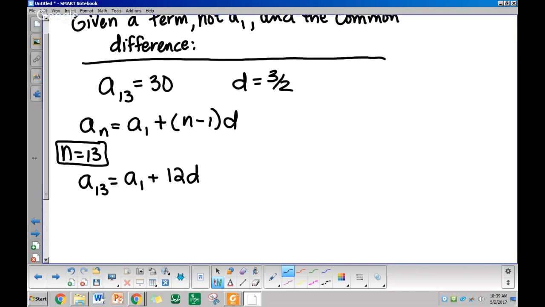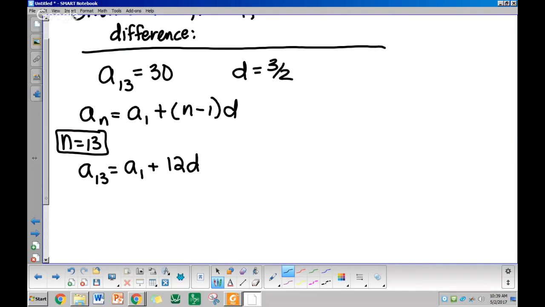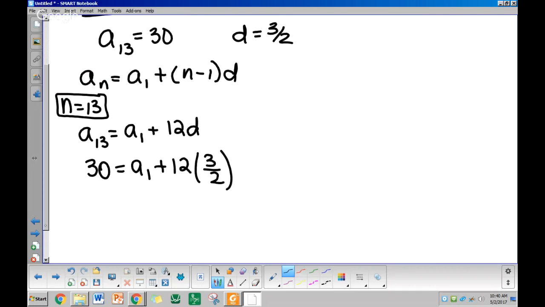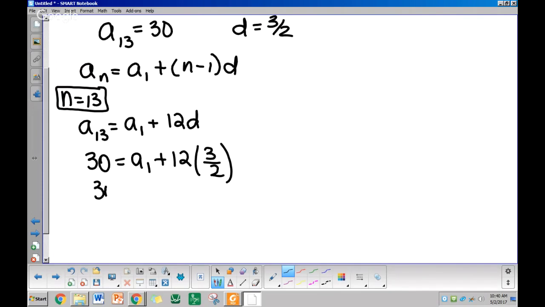But I know a sub 13, so I can substitute: 30 equals a sub 1 plus 12 times, well, they gave me d was 3/2. And so this is 30 equals a sub 1 plus 18. So a sub 1 here is 12.